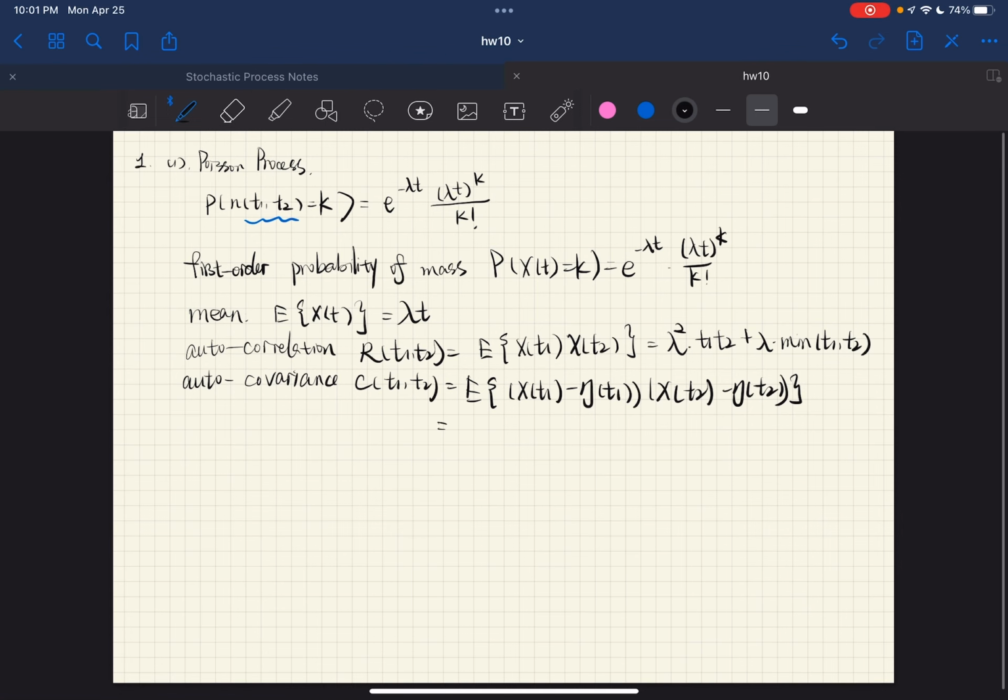And we got it equals lambda times the minimum of t1 and t2. So here are the properties of the Poisson process.